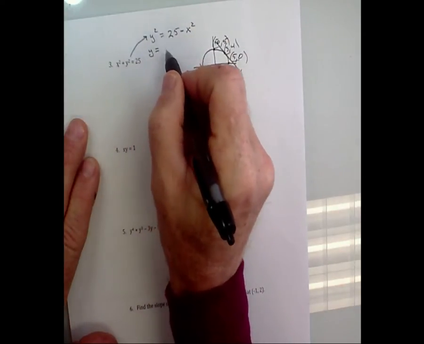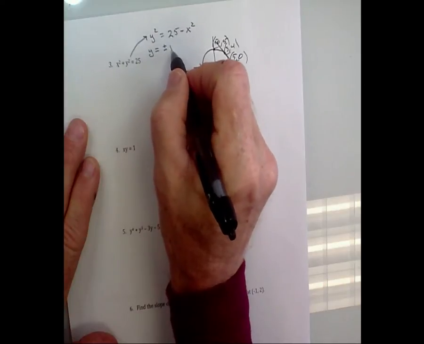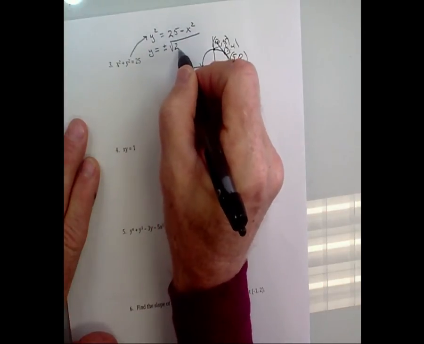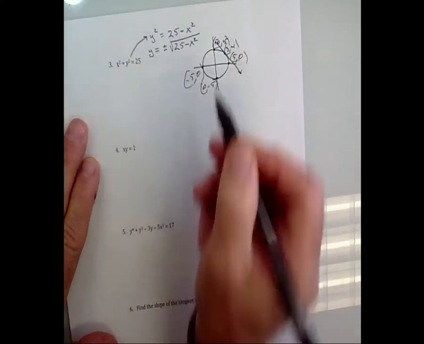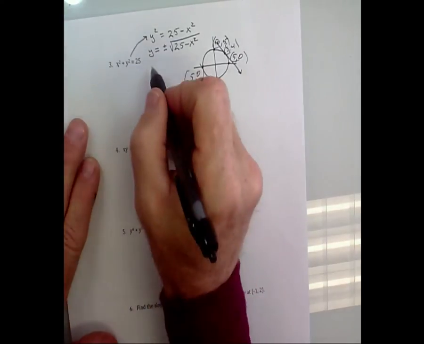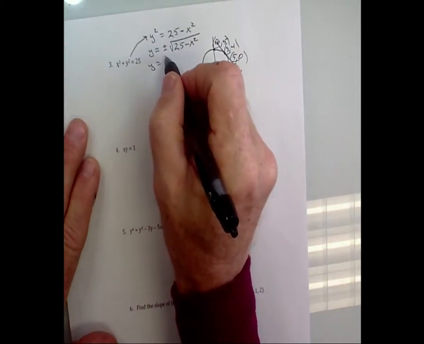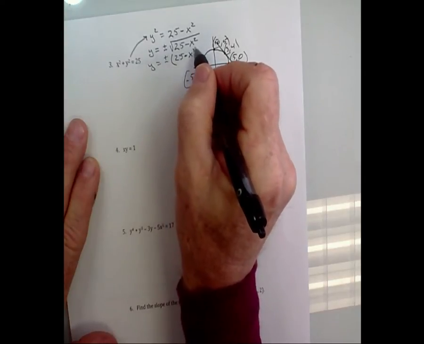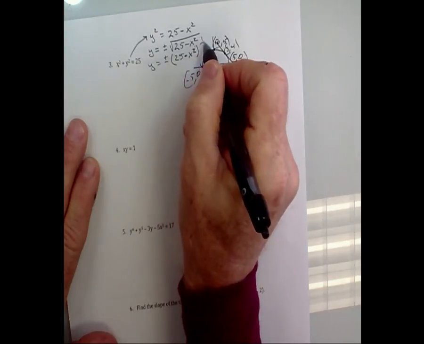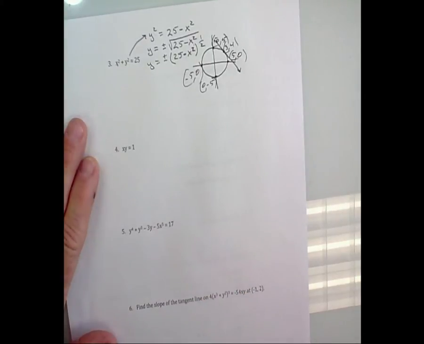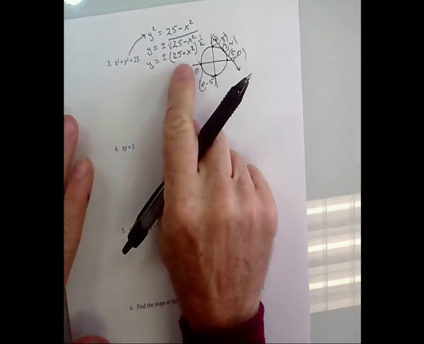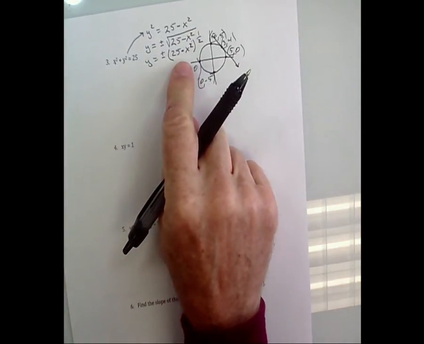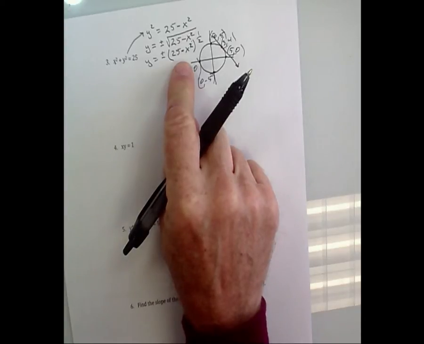And y equals plus or minus, you got to remember that plus or minus, the square root of 25 minus x squared, which you could write like this. Correct? And it's complicated. Would you agree with that, to take that derivative, to figure out dy dx?